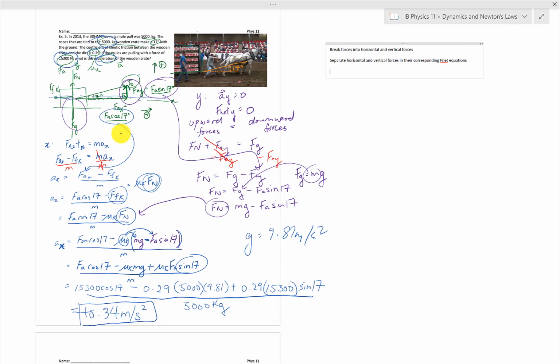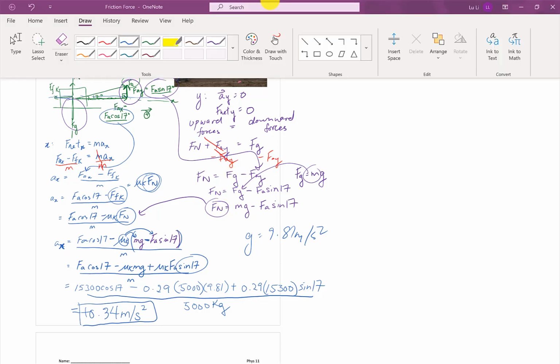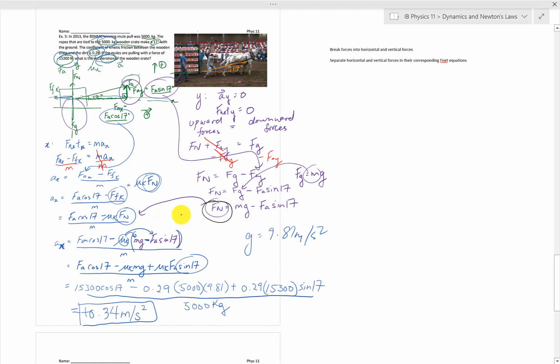The other key thing I want you to notice is that your Fn here is not equal to your Fg. If you take a look at this carefully, this is mg minus FA sine 17. So this is less than the force due to gravity.